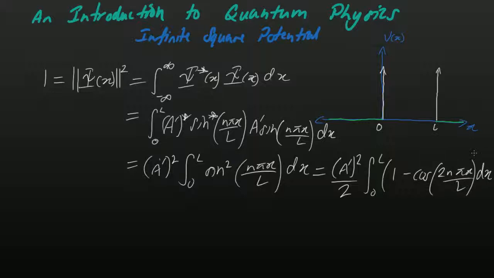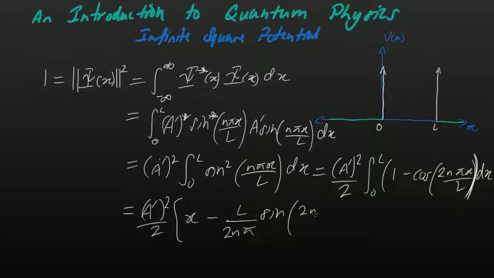There we go, much simpler to do. Okay, now we know how to do this. This is really simple to do. So that's A prime squared on 2 times x minus the sine term.